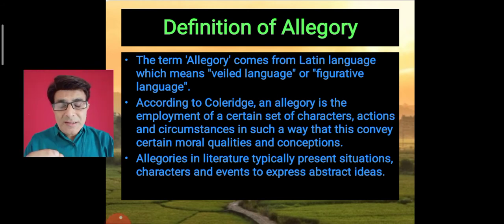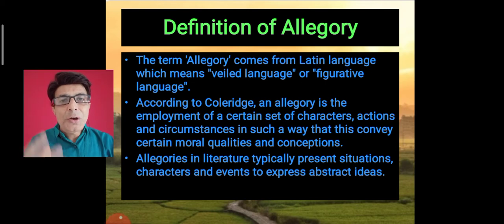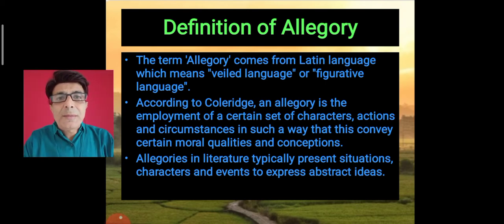But allegory is also a device, a tool which is used by English authors. Let's try to understand what this device is. According to Coleridge, friends, you know that Samuel Taylor Coleridge is an important romantic poet of English literature and a critic.